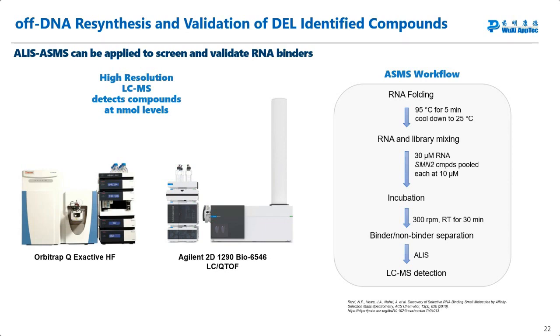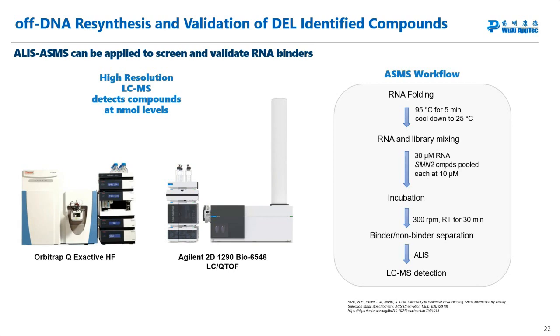Given that DEL selection is affinity binding based, we normally choose another binding assay to do the validation. SPR is frequently used to validate RNA small molecule binding. But here, we employed affinity selection mass spec, ASMS. This technology does not need the target to be tagged or immobilized.